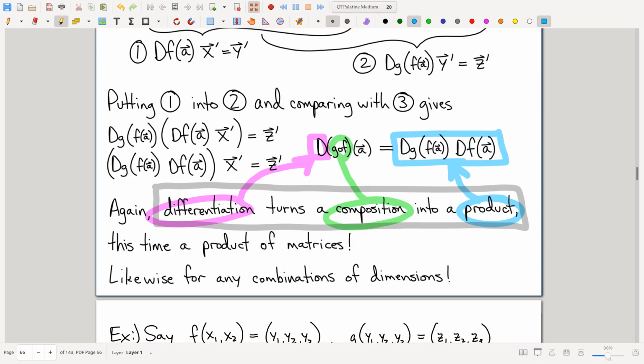Same pithy little summary that we had for the single variable case: differentiation turns compositions into products. Of course, matrix products, because that's what these derivatives are.